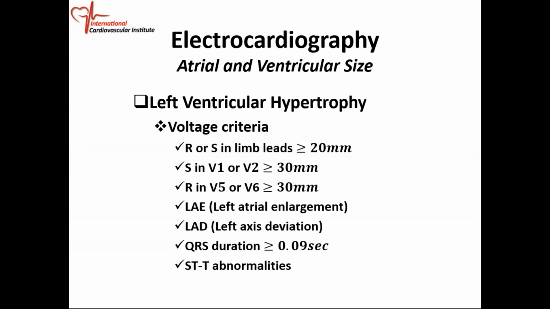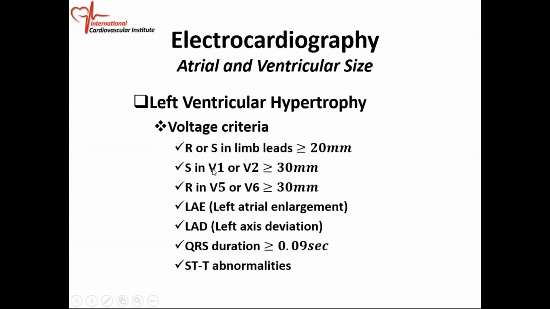You might remember the R is the positive deflection, and the S is the negative deflection. So if you have an R or an S in the limb leads which is greater than or equal to 20 millimeters, more than likely you're going to have left ventricular hypertrophy.